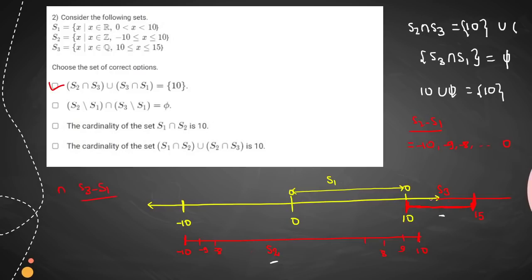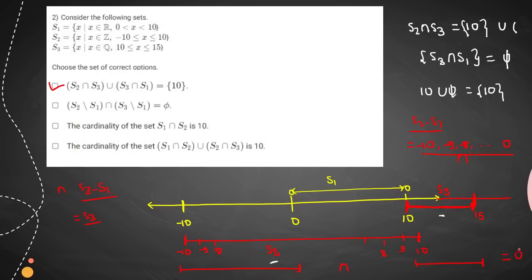S3 minus S1 will be equal to S3 because no elements of S1 are in S3. So it will be S3 only. So we have to take the intersection here. It is from minus 10 to 0, from here to here, and the second set is from here to here. So we have to choose the intersection in between them.